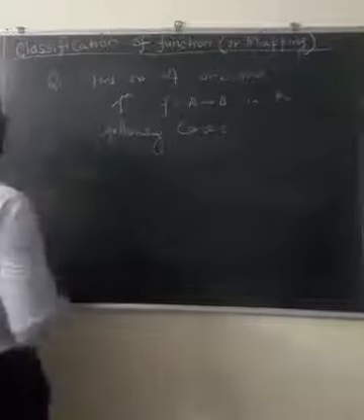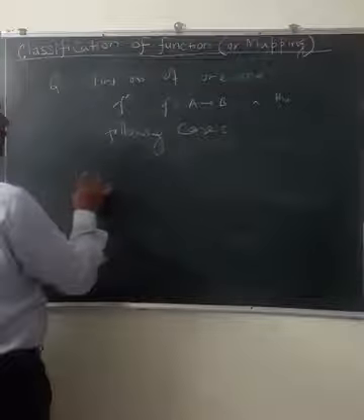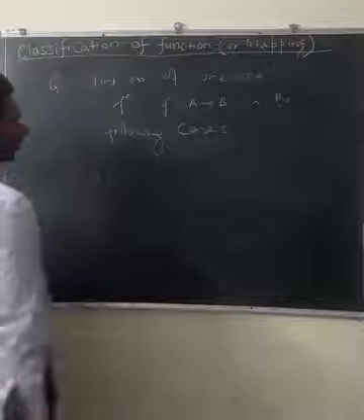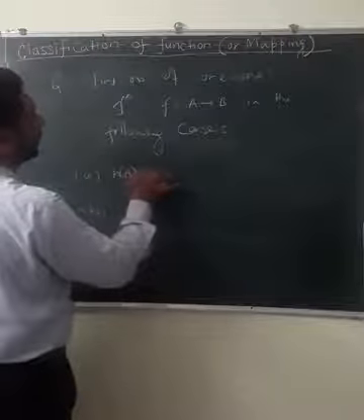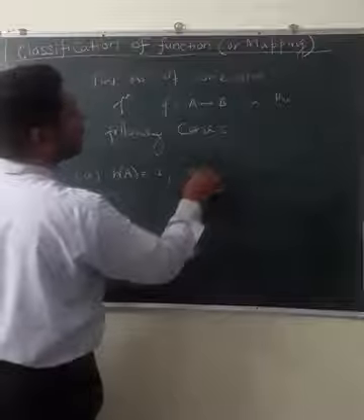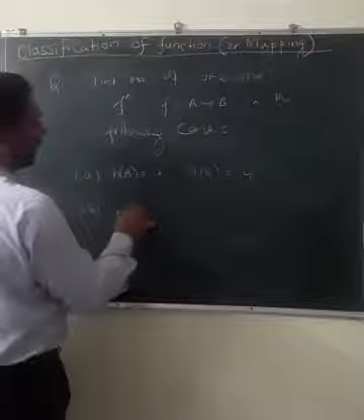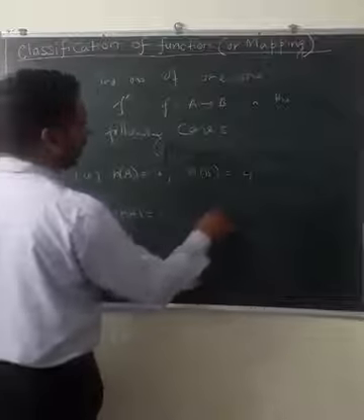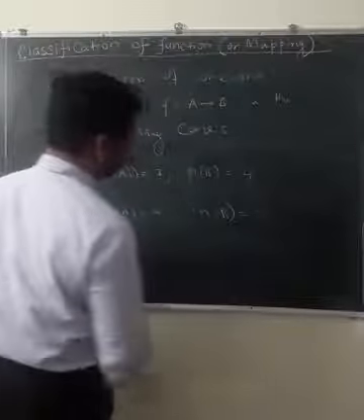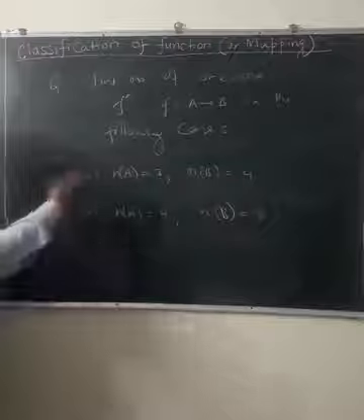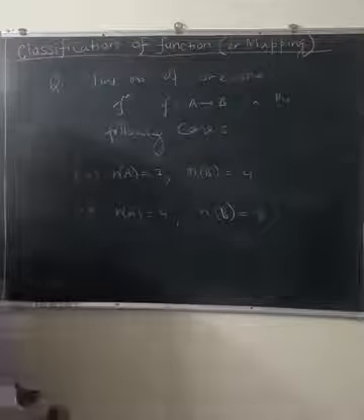First of all, first case, we are taking two questions. Suppose n(A) is 3 and n(B) is 4, and n(A) is 4 and n(B) is 3. In both cases, what will be the number of functions?